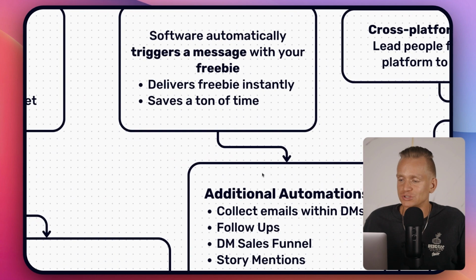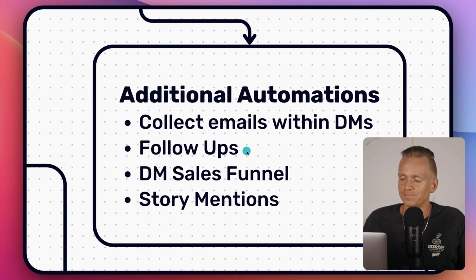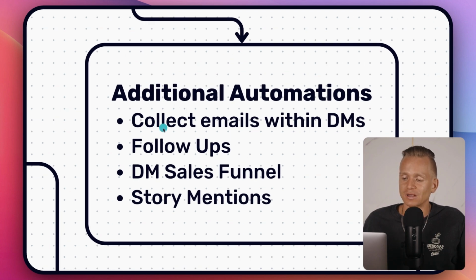By the way, when it comes to these automation softwares, I'm not going to go in depth right now, but they provide a lot of different features that, aside from this strategy, can really help you. For example, you can send people to a landing page where you collect their email address, because I would suggest you usually collect an email address.